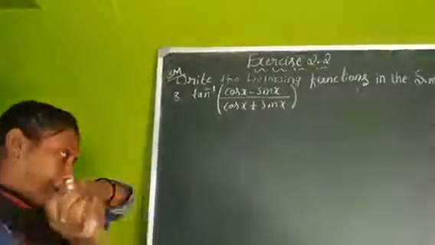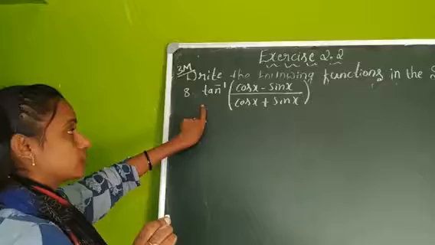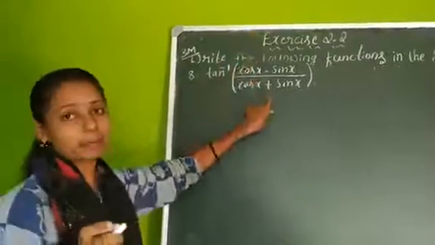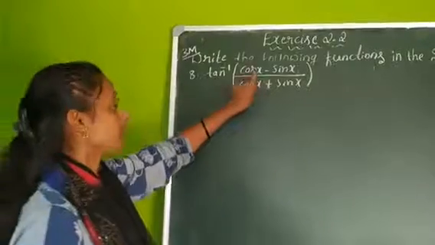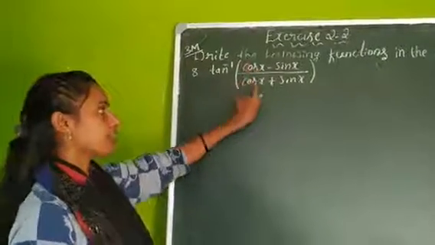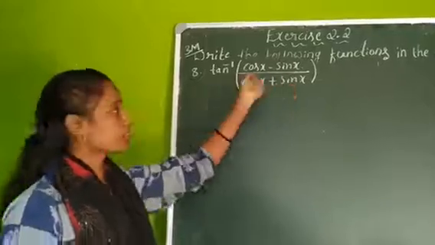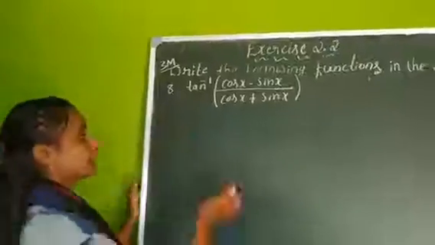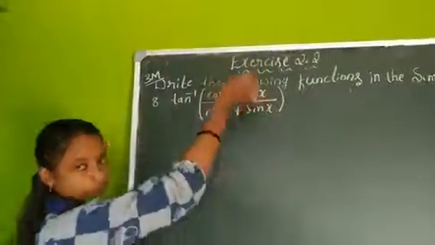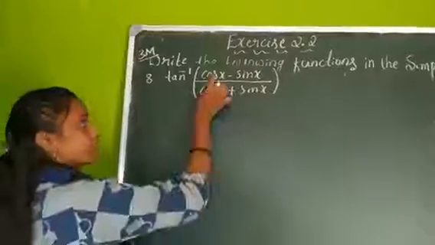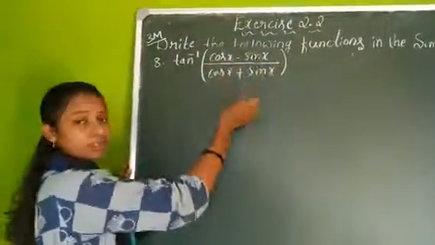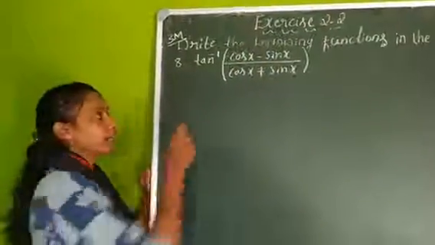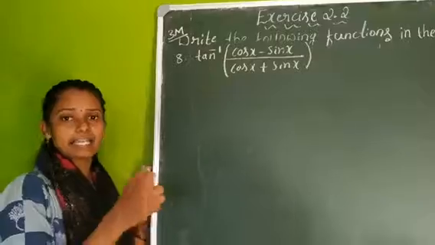Here you just remember one thing: as I said, if the inner function is with a single trigonometric term like cos x, then we should apply the formula for half angles. But here it is a sum or difference of two trigonometric functions. In that case, if it is a sine and cos, then it is easy to make this inner function a tan of some function. You will get a tan formula, that is tan of x plus y, or tan of x minus y.